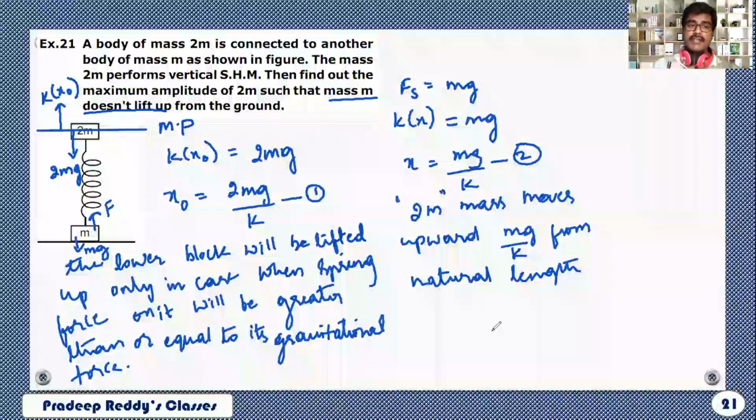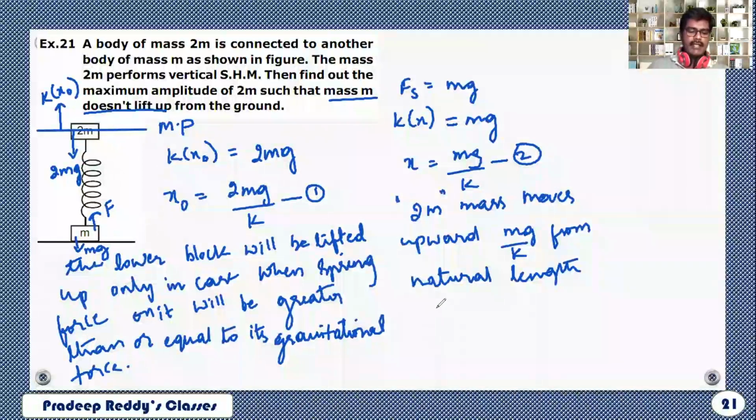Second situation is that, for example, if you are compressing this 2m mass with greater magnitude of force, and if you push it down, and if you leave, 2m mass will be pushed in upward direction with greater force by the spring. If the compression is greater than mg by k, 2m mass will be lifted up with greater magnitude of force. Because of that, m can be lifted up. Okay, so that is second situation. In any of those two situations, this m mass can be lifted up.